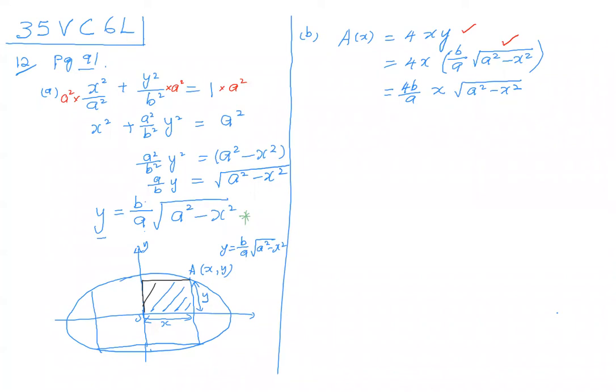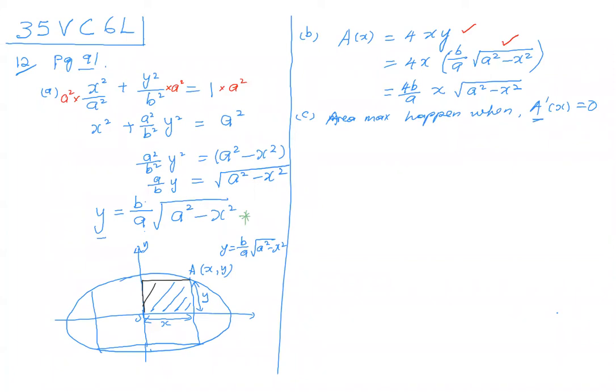Okay? So now, for part C, you need to prove that the seating area is maximum. I told you already, whenever we want the area maximum, it happens when A prime x equals 0.